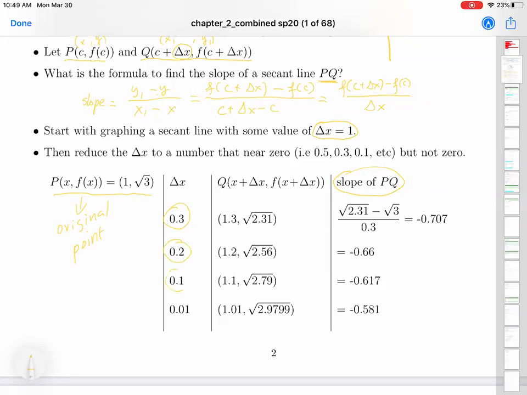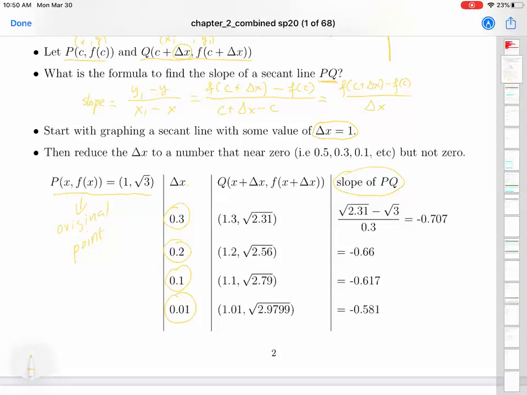And you can see that in these tables, we have delta X, which is the distance between the X values of Q and P. The distance here is decreasing from 0.3, 0.2, 0.1, and 0.01.